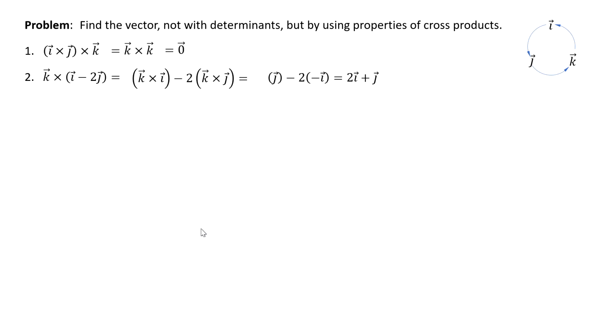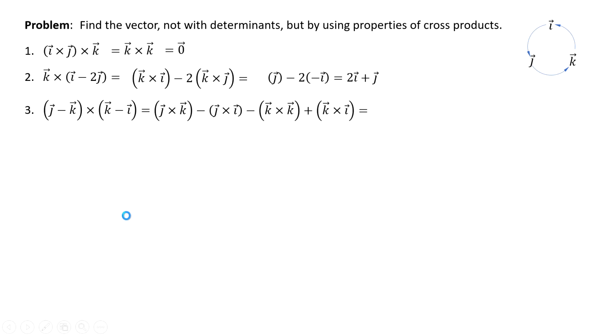Cool? All right. 3. j minus k cross k minus i. Well, distributive property: j cross k minus j cross i minus k cross k plus k cross i. This distributive property is just like if this were A minus B times C minus D, what would you do? It's kind of like that. There's nothing big about this.